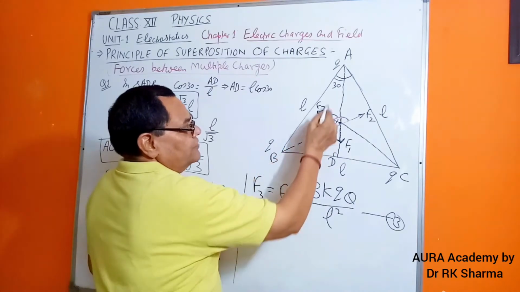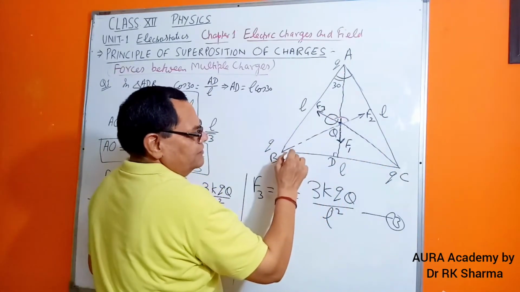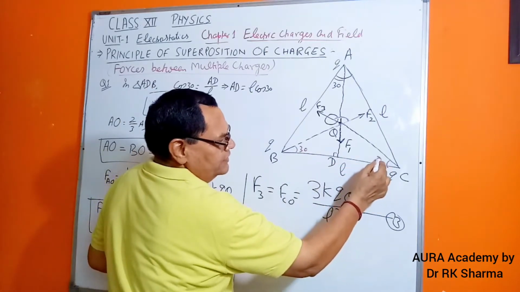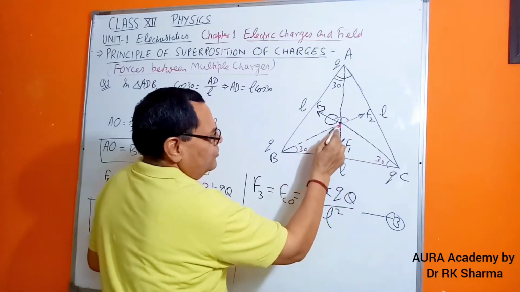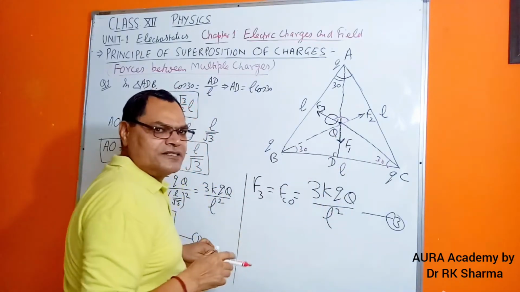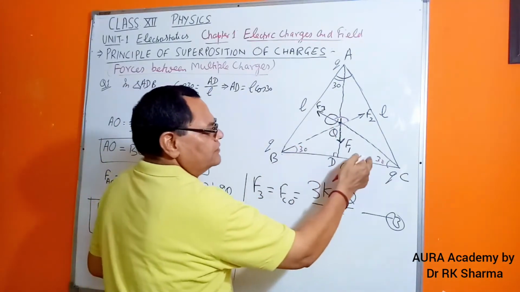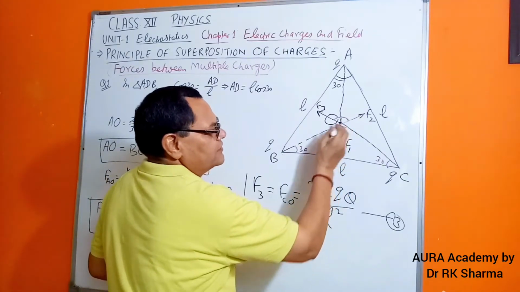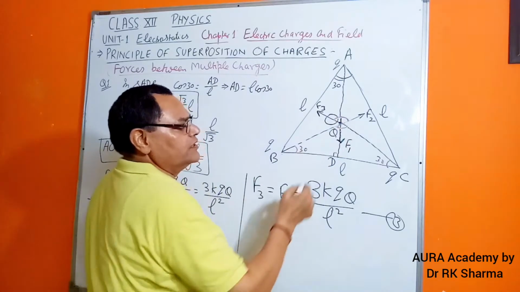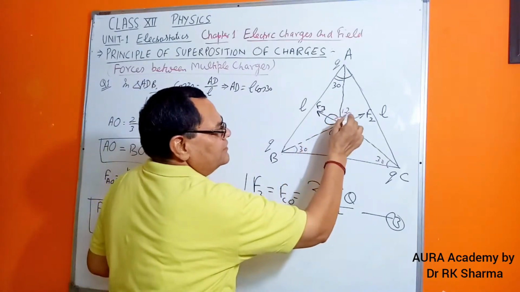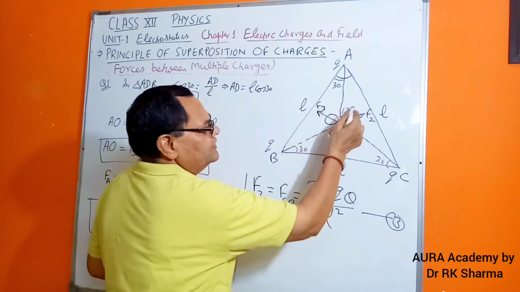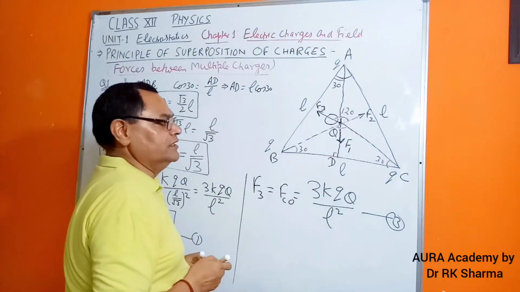This angle was 60, so this angle will be 30 degrees only, and this angle will also be 30 degrees. Consider triangle OBC. The sum of all three angles is 180, so with 30 and 30, how much will this be? 120. So you can easily say the angle between the forces F2 and F3 is 120.